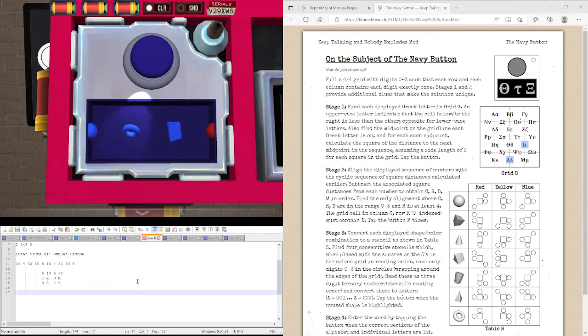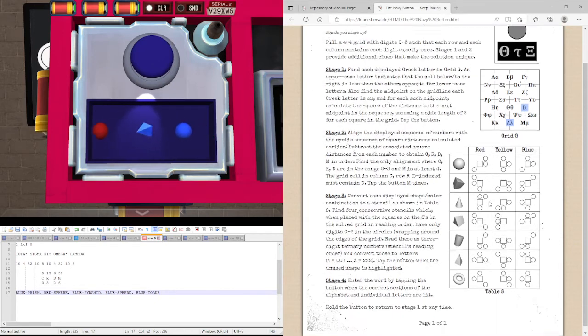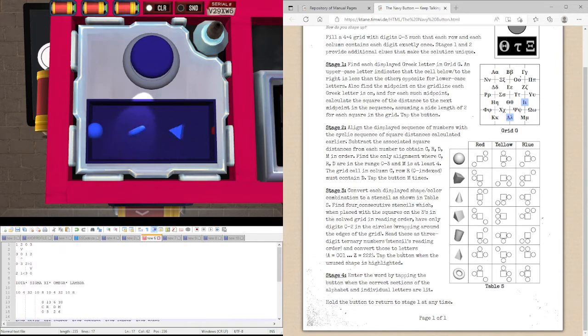We have a blue prism, we have a red sphere, we have a blue pyramid, red sphere, blue pyramid, blue sphere, and then a blue torus. Now one of these is not going to be used. We're going to use these stencils on the 3s in our grid here.